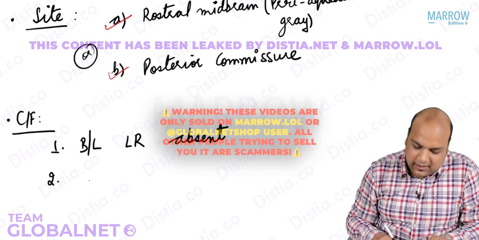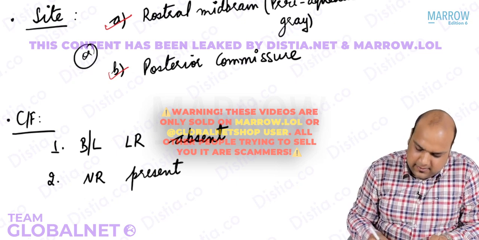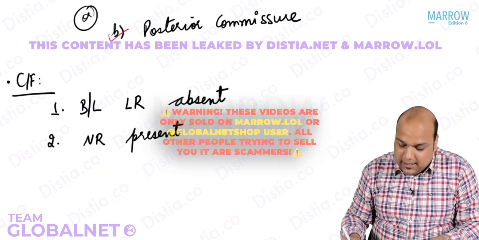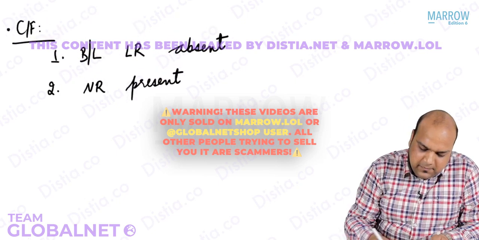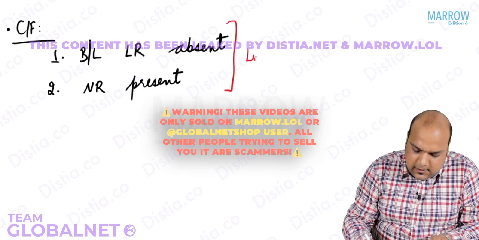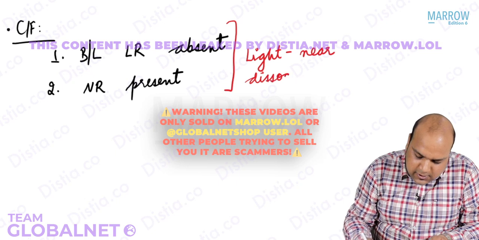But again we say the near reflex is present. Light reflex is absent and the near reflex is present. Wherever such a scenario occurs, we call it light near dissociation.